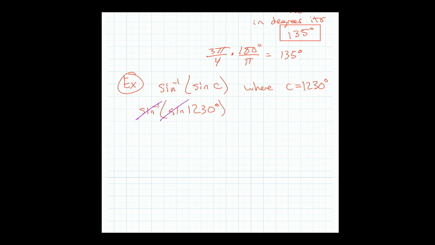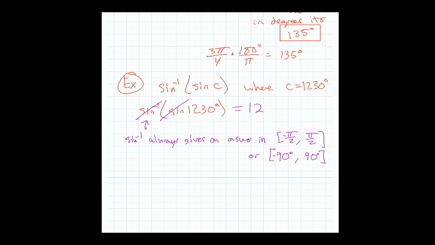because the range of sine inverse always gives an answer in negative pi over 2 to positive pi over 2. Or if you want to do it in degrees, that's negative 90 degrees to positive 90 degrees, always. So the answer could not possibly be 1230.